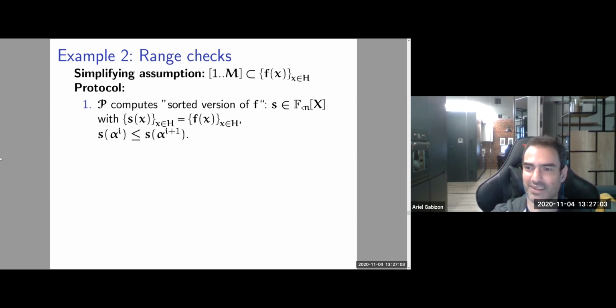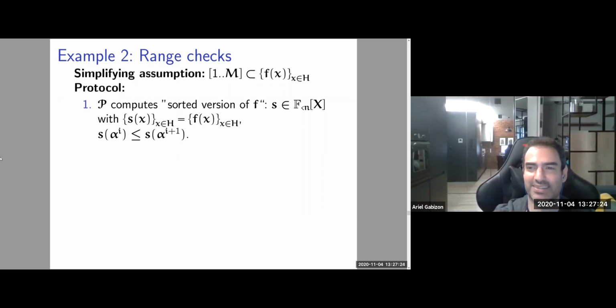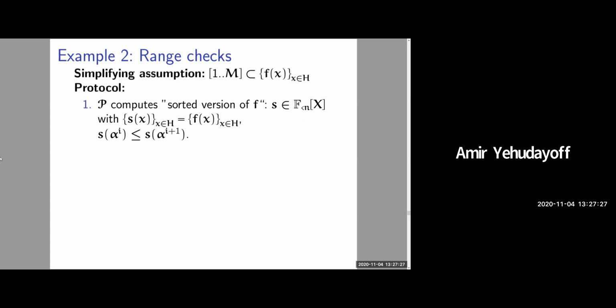Yeah? I'm a bit confused. The fields you're talking about, there is no order on them. There is no, like the numbers 1 to m are ordered. Right. The field, you have something in mind and I don't have it.